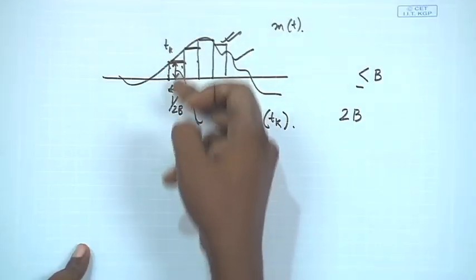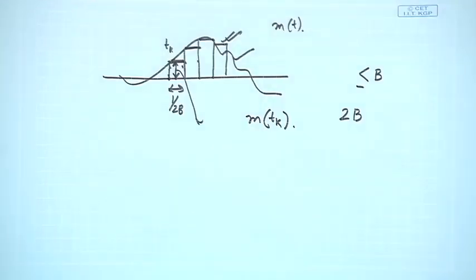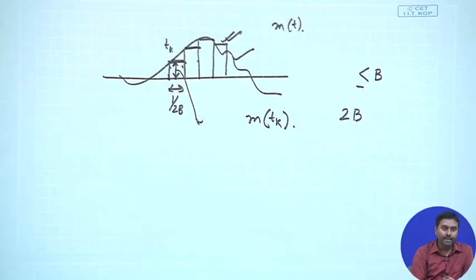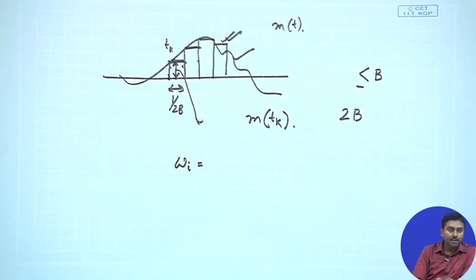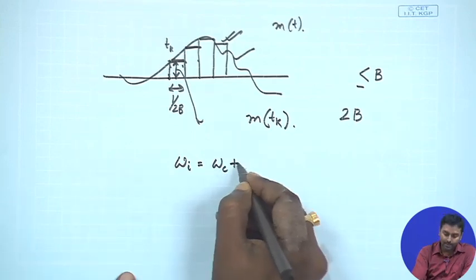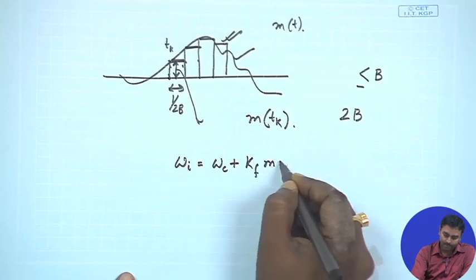So, general FM says that you take every sample and start creating the corresponding frequencies, but we are saying because the message can be represented by these samples faithfully, I will take that sample, and for that amount of period we will keep the frequency the same, which is determined by this m(t_k), right. So, at that m(t_k) what will be the instantaneous frequency? Omega_i, because it is frequency, should be omega_c plus k_f into m(t_k).